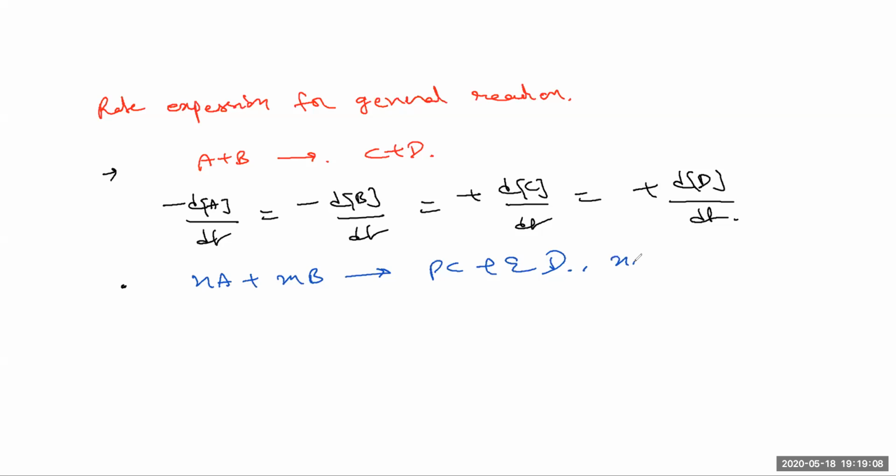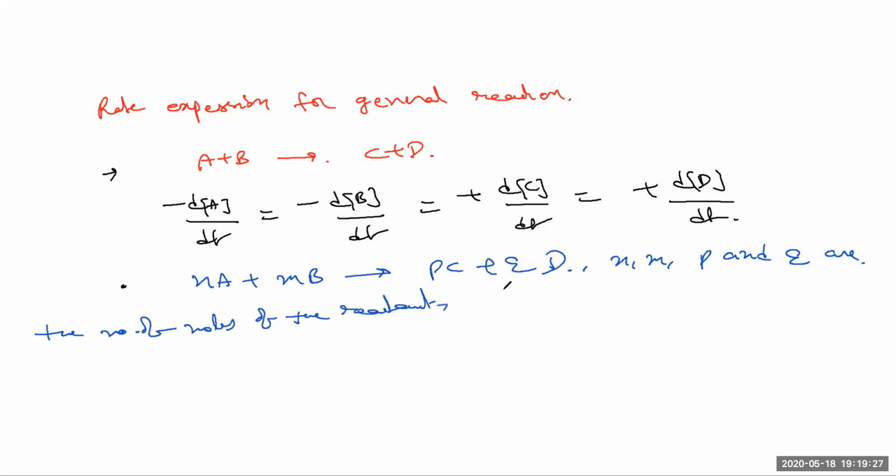Small n, m, p, and q are the number of moles of the reactants and products respectively.